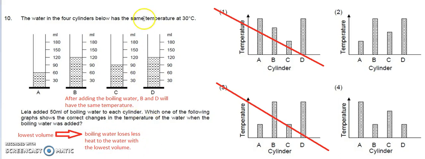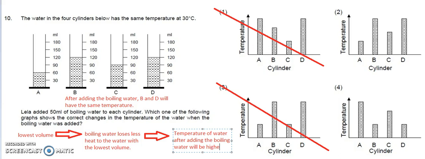So what happens after this when it loses less heat? When it loses less heat, what happens is that the temperature of water after adding the boiling water will be higher.